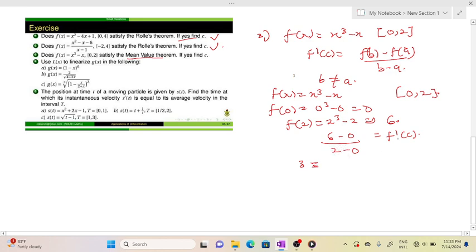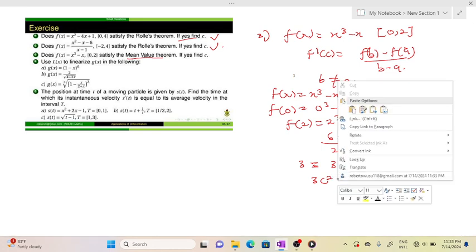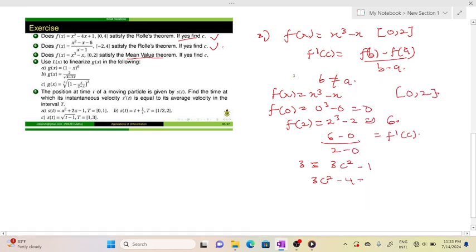3 will be equal to f prime of c. Now f prime of c will be what? When I differentiate this, 3x squared. So let me make it 3c squared straight away minus 1. Okay, so at this point I'm going to move this over, so I'll have 3c squared minus 4 equal to 0.